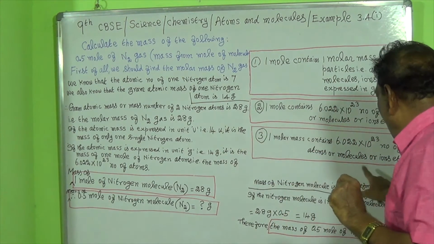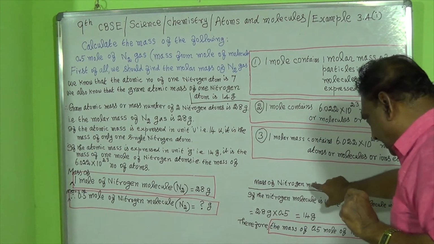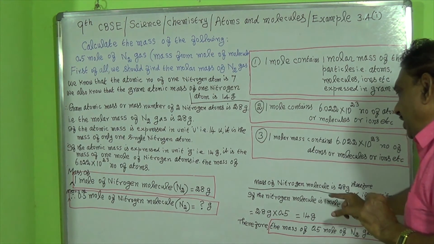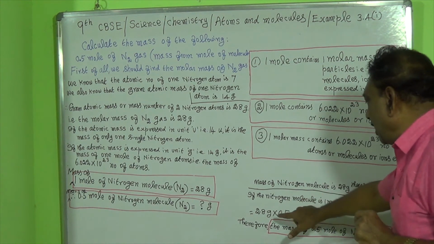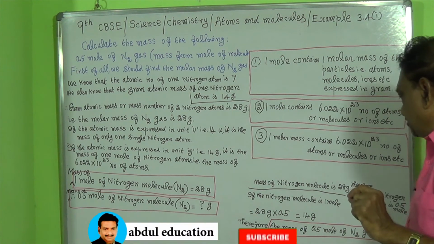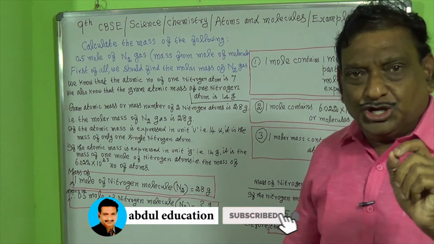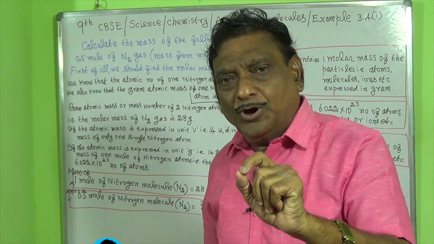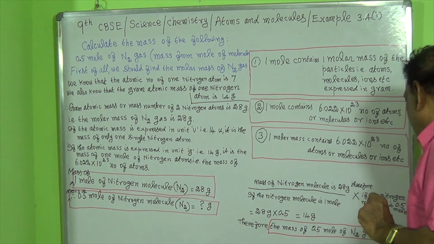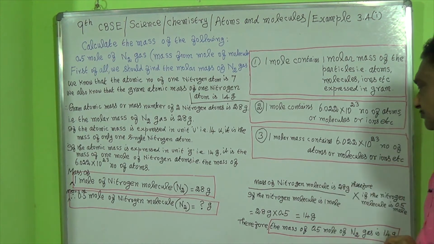If we remove all the words, we will get 28 gram into 0.5. If we multiply 28 gram into 0.5, we will get 14 gram. This is the mass of 0.5 mole of nitrogen molecule, that is N2 gas: 14 gram.